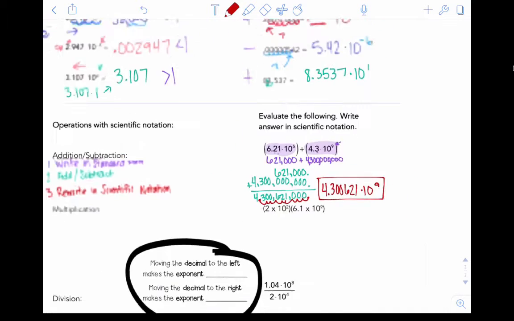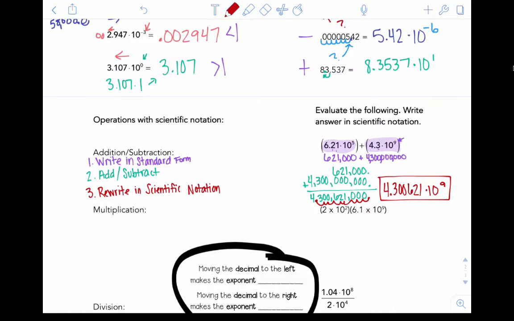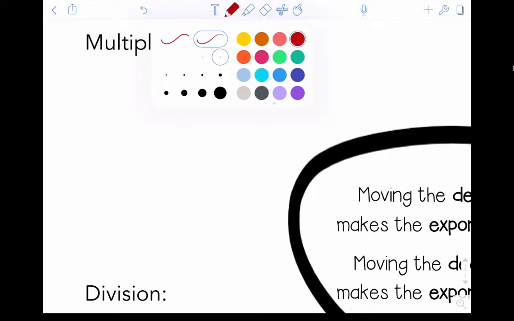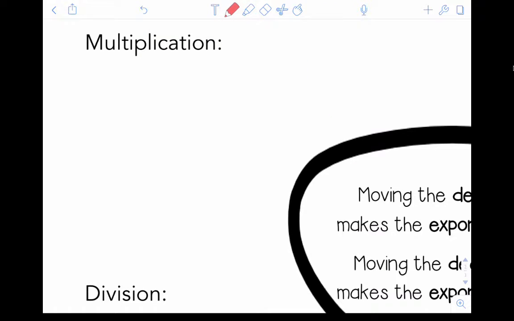So when you are adding and subtracting, you're going to go through the same steps. You're going to write the number in standard form. You're going to work with standard form. And then you're going to rewrite the answer in scientific notation. Multiplication and division are a little different though. For multiplication and division, we're not going to convert back to standard form.